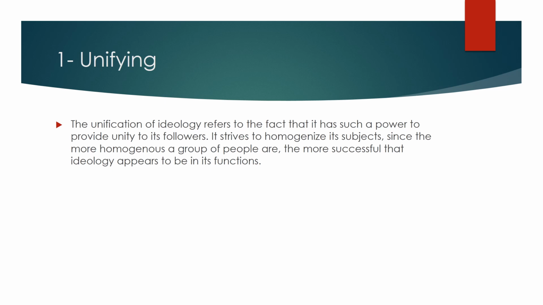In the novel, for example, we have this unification of the ideology. We see that all the people in the novel are unified under one slogan. They are unified under one belief that committing adultery is something bad and the doer must be punished.